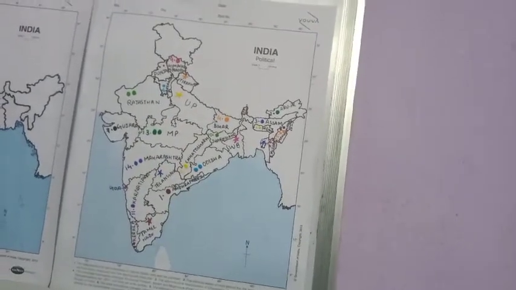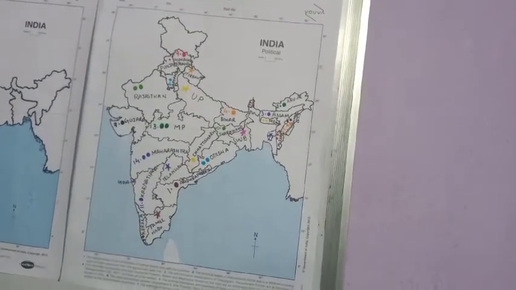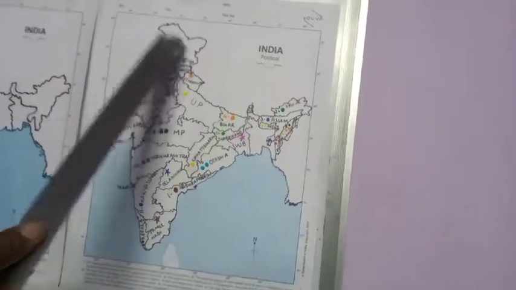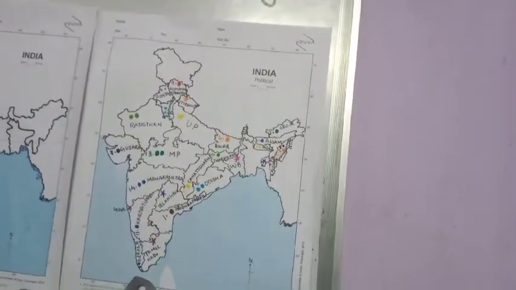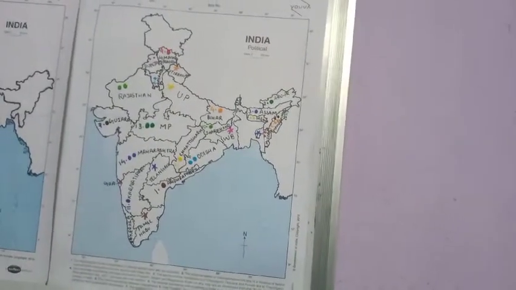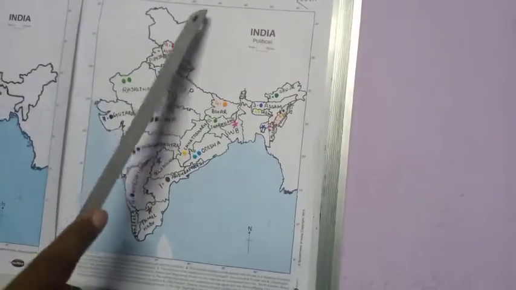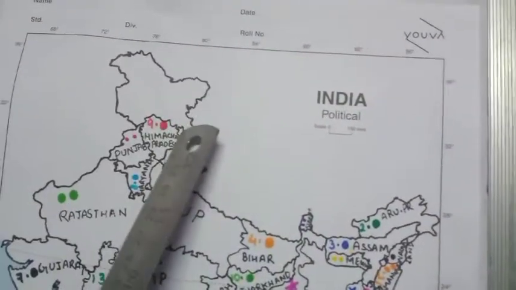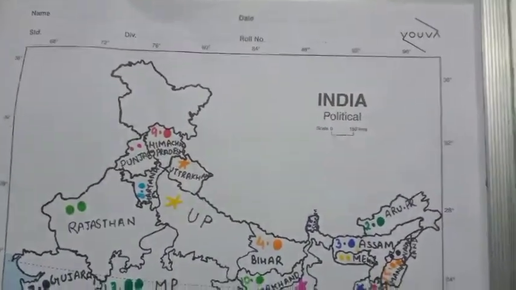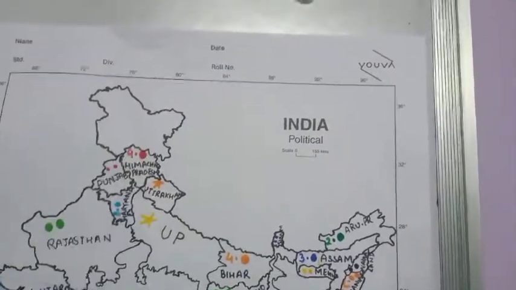So first of all, if I come from the upper part to the lower part and from east to west, that is very easy. First, this is the area where I have not written anything, and it is known as Jammu and Kashmir.